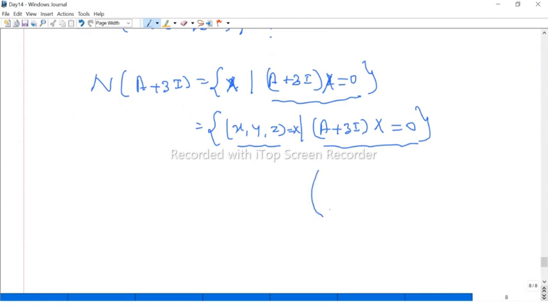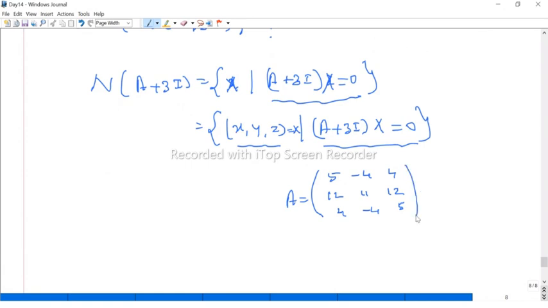So what is A plus 3I first of all? We have to add 3 only on the diagonal, so I'm writing it directly. What is A? 5, minus 4, 4; 12, 11, 12; and 4, minus 4, 5.